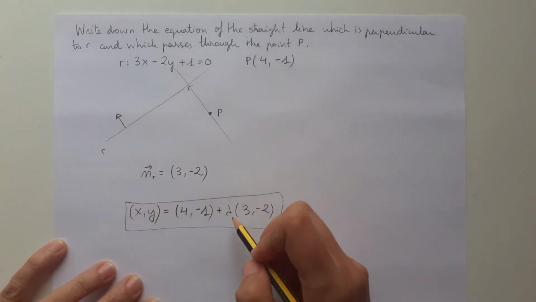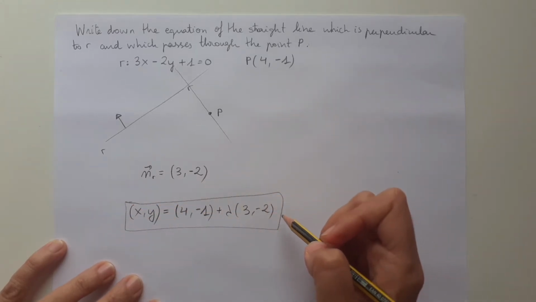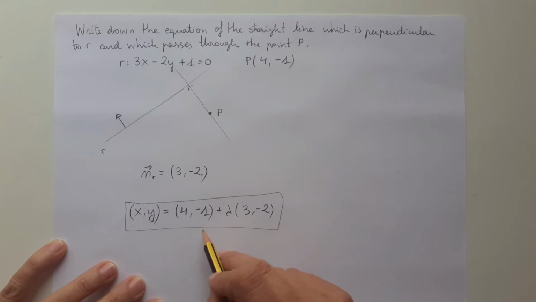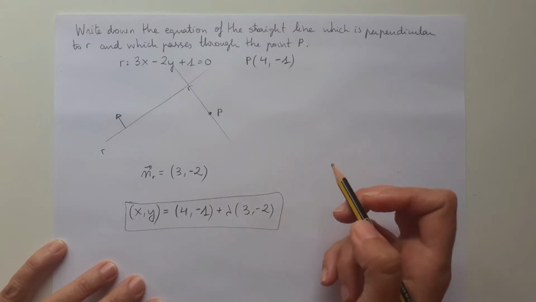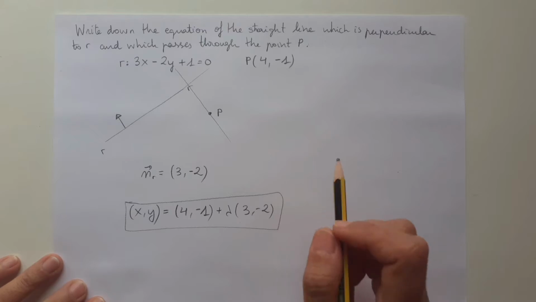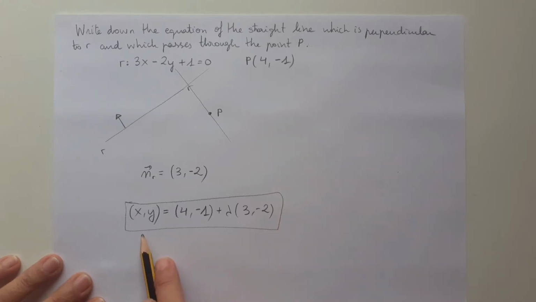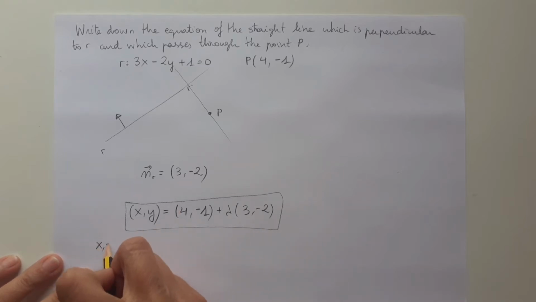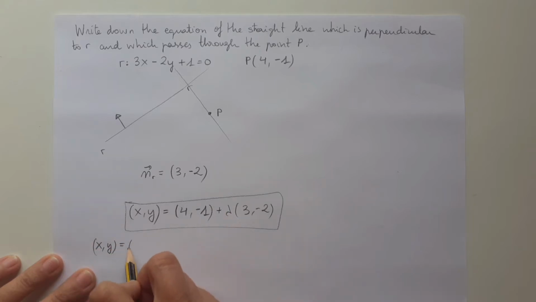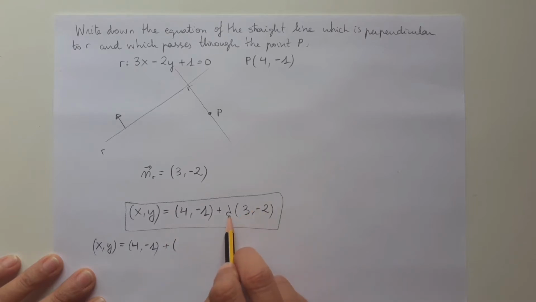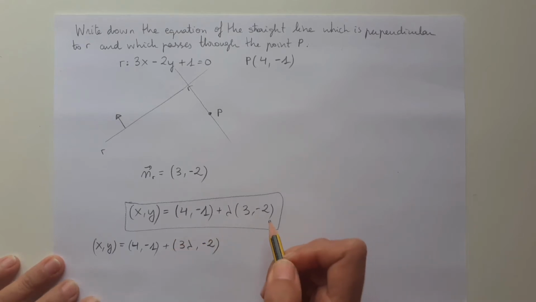But let's say that we want to have all the forms of the equation. So I'm going to go on looking for all the forms of the equation. First one would be the parametric form. The parametric equations, we obtain them operating here. So (x, y) would be, I put this point, and then I need to multiply this by the vector. To multiply a vector by a number, we just multiply every coordinate. So in this case, it would be like this.